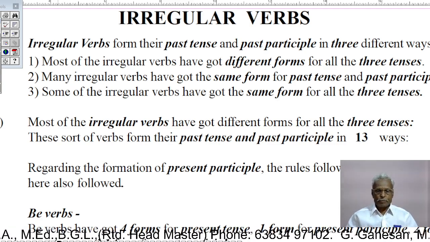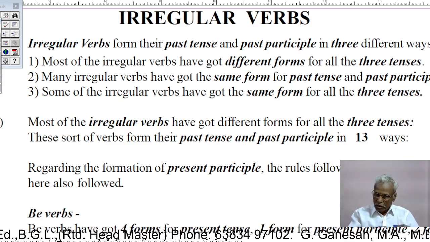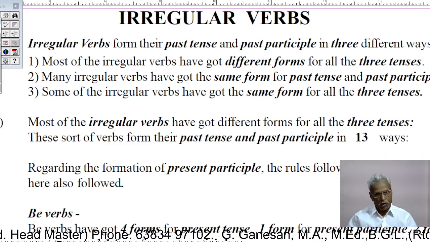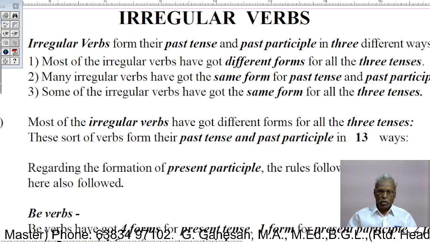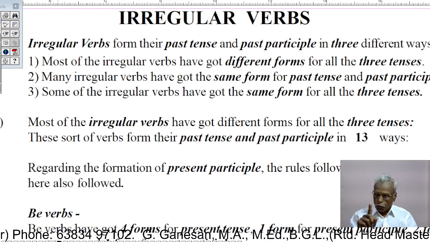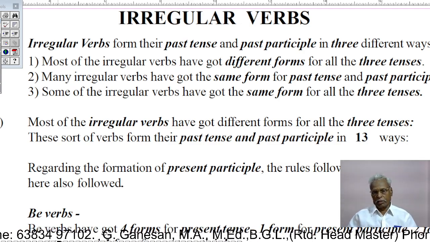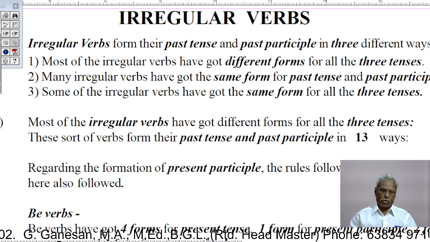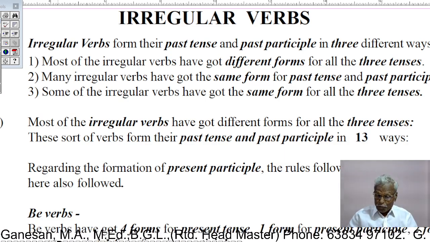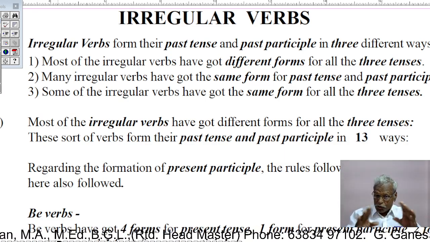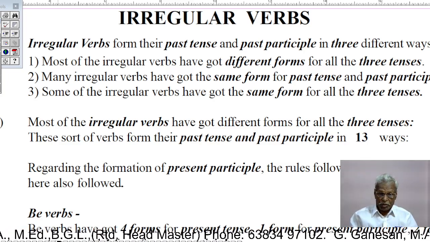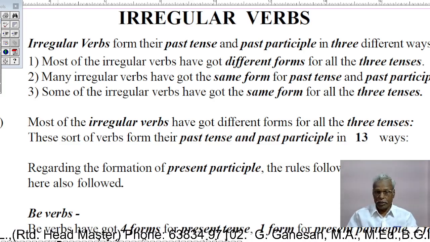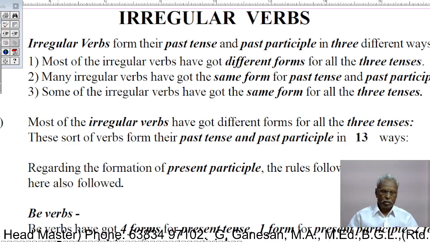And verbs having two forms for the three tenses, present tense, past tense and past participle, and verbs having only one form for all the three tenses, present tense, past tense and past participle. Thus, regarding the formation of past tense and past participle, irregular verbs can be classified into three kinds.